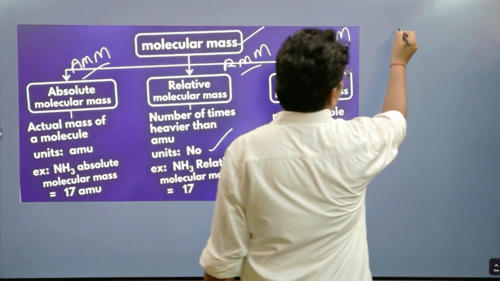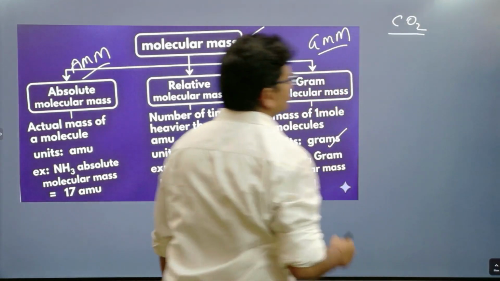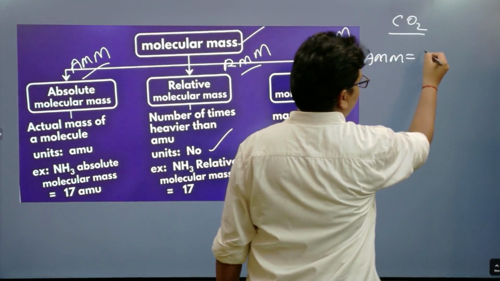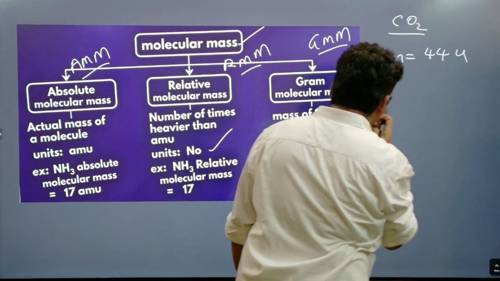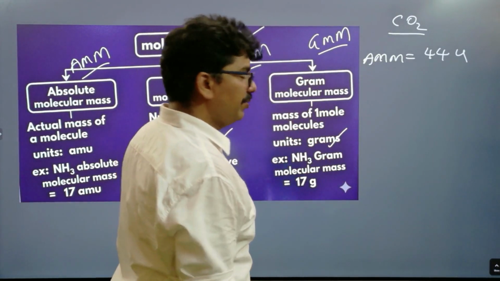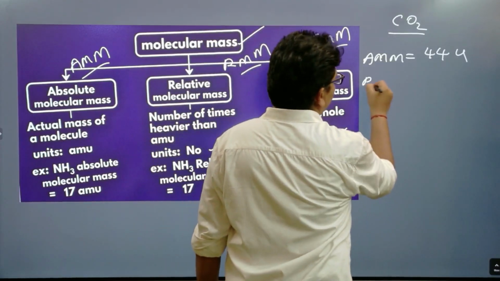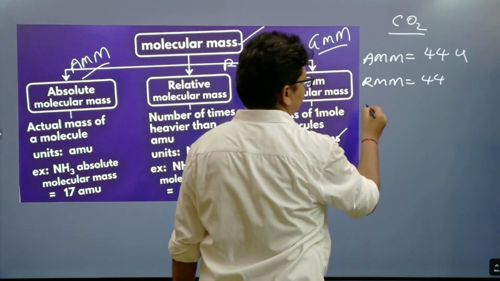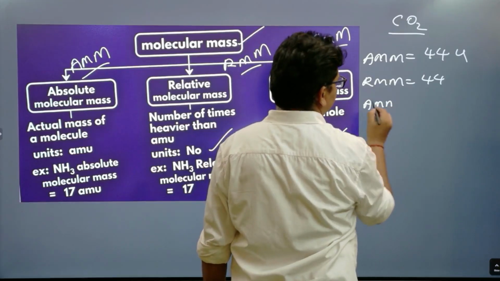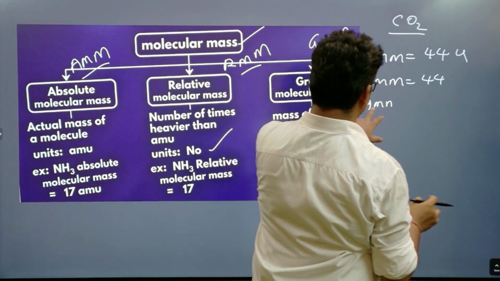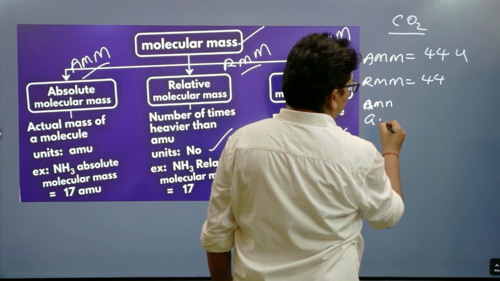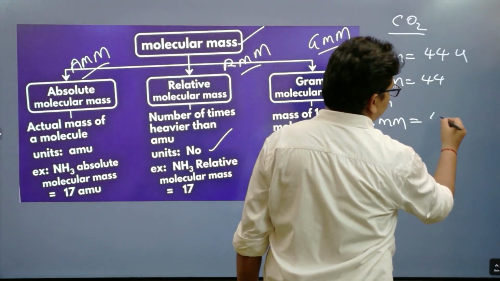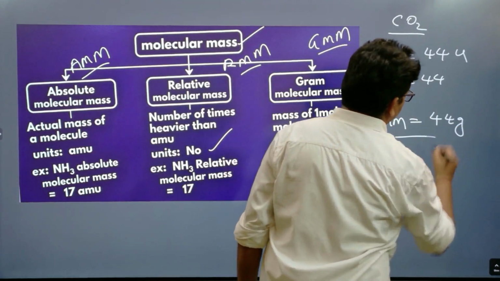Example, I am taking carbon dioxide. Absolute molecular mass of carbon dioxide 44 unified mass U or AMU. Relative molecular mass 44. Gram molecular mass is 44 grams.